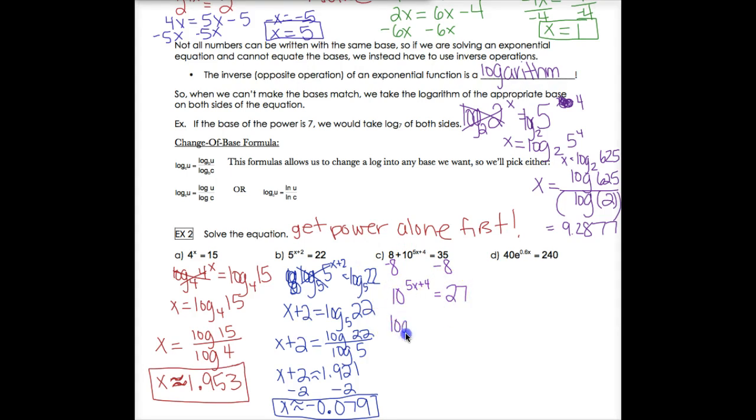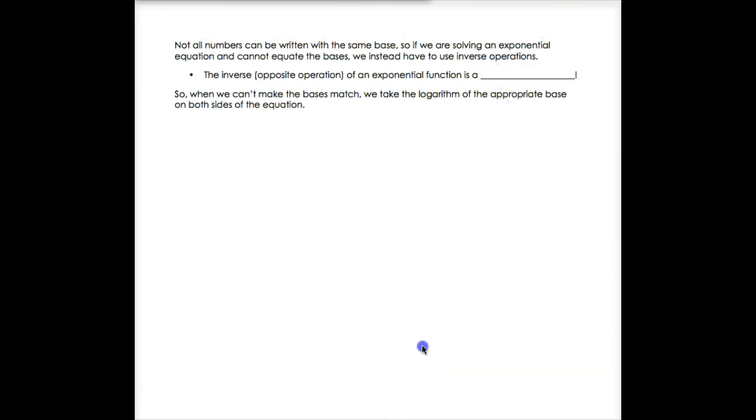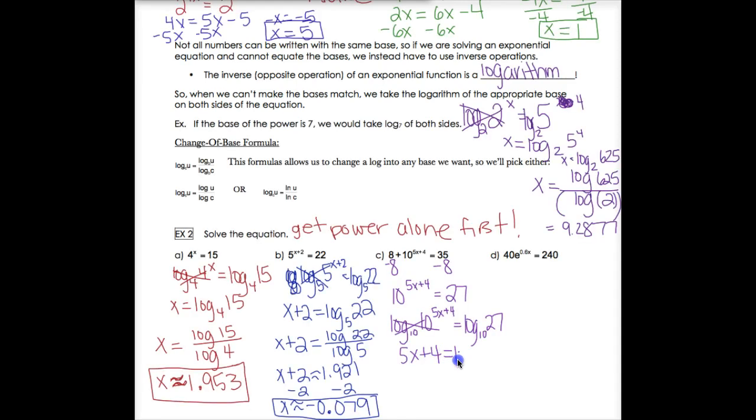So log base 10 of 10 to the 5x plus 4 equals log base 10 of 27. So the property cancels the log and the bases. I've got 5x plus 4 equals log base 10 of 27.